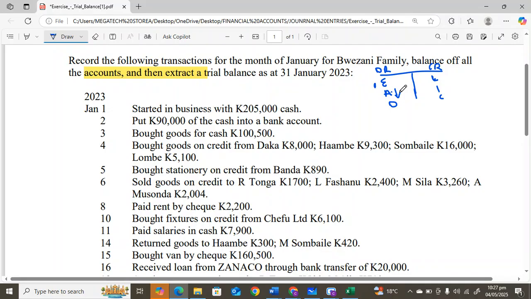So you debit purchases 100,500 kwacha and you credit cash 100,500 kwacha. Any questions before we go to the next transaction?